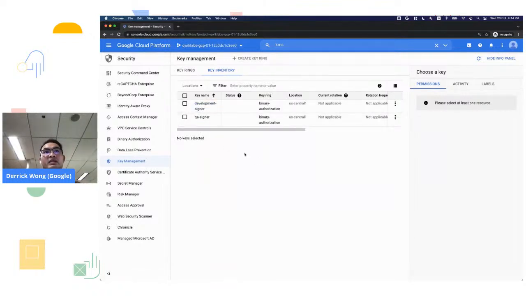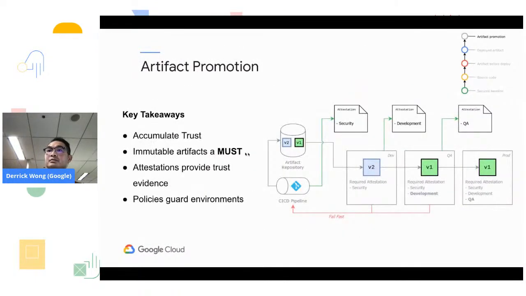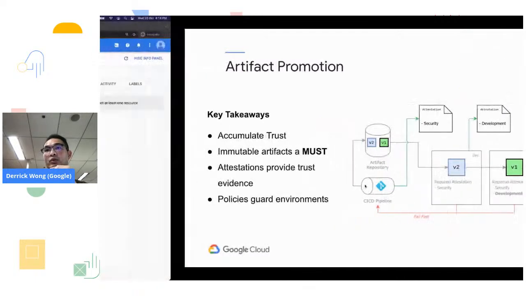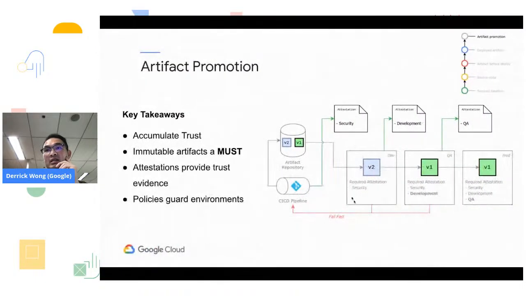So obviously, if you come back to here, you can see that applications running in the dev environment that have gone through the test will need a signer in the development environment, right? So this is the key for that signer here.